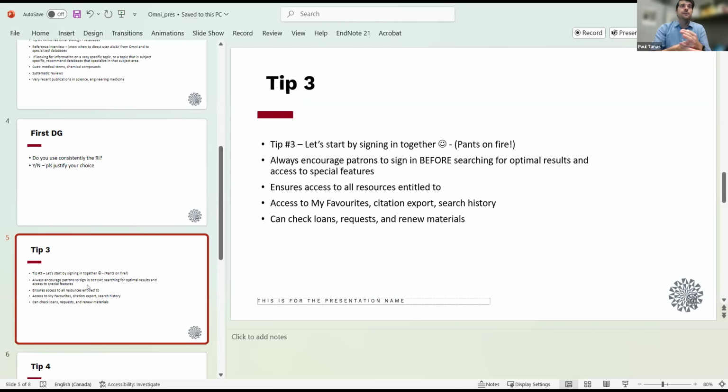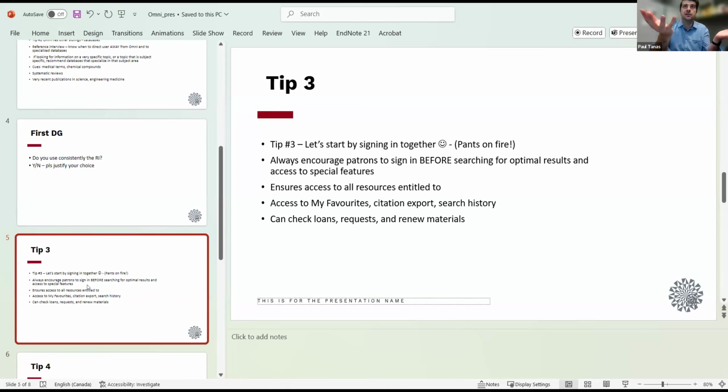On top of that, there will be a search history that gets saved into that account. It kind of goes without saying for us, because we are librarians, library specialists, but it's not that obvious for them. I had people coming back to me saying, I had this search, or this resource, I wanted to save it.